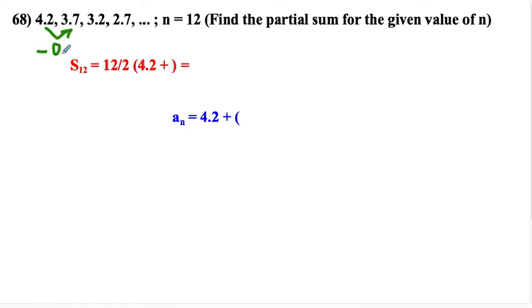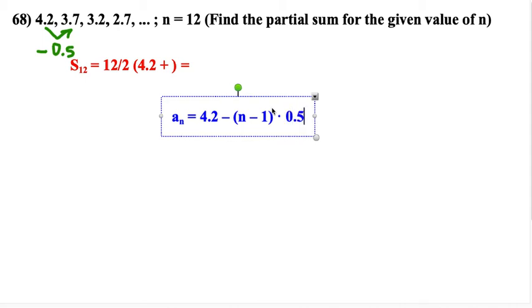That is, we're subtracting 0.5 each time. So what does that mean for our formula? Well, let's change this to a minus, and n minus 1 times 0.5.